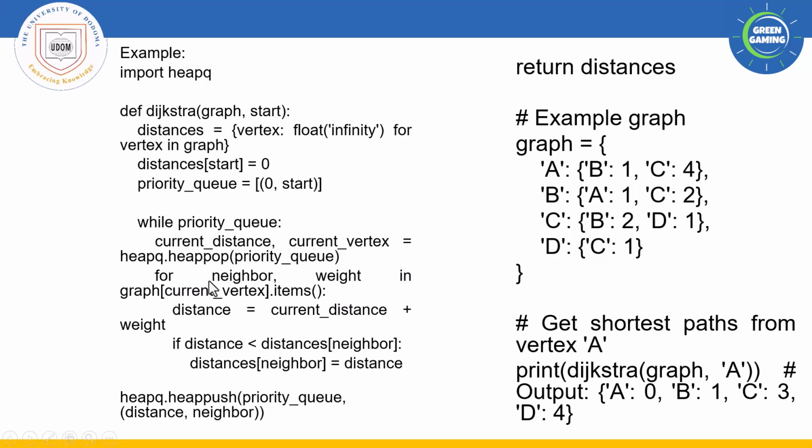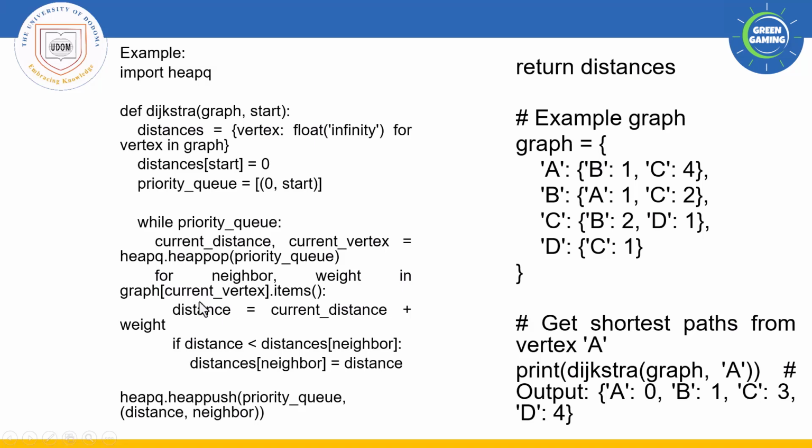After that, we explore every neighbor. For the current vertex, the algorithm looks at its neighbors and calculates the potential new distance to each neighbor. Then we check whether that potential distance is smaller than the current one.